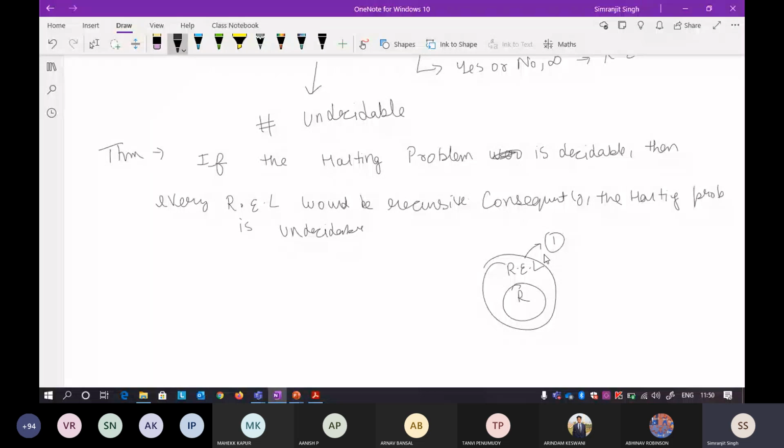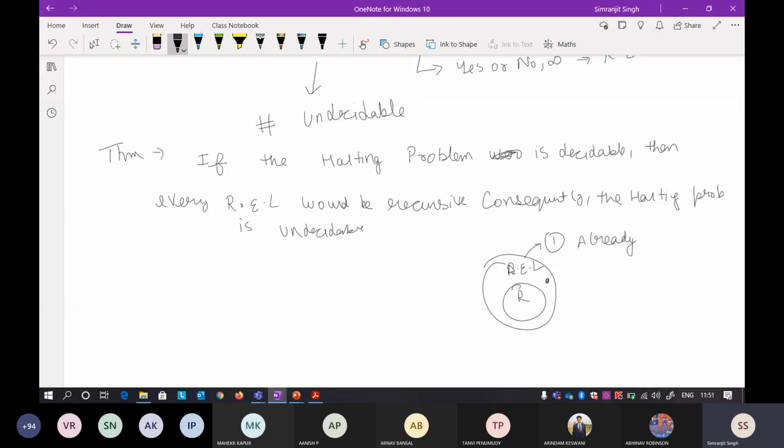Suppose that problem is this one. If the halting Turing machine problem is decidable, then every recursively enumerable language becomes a recursive language.